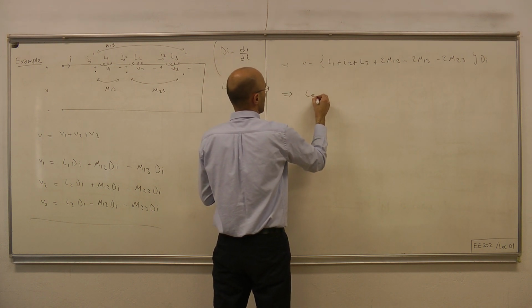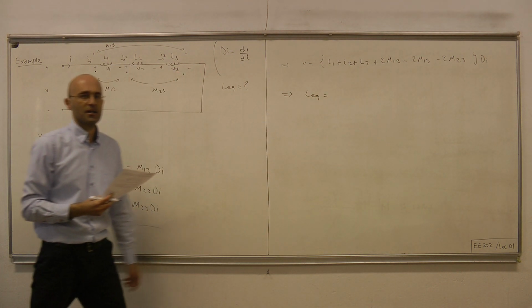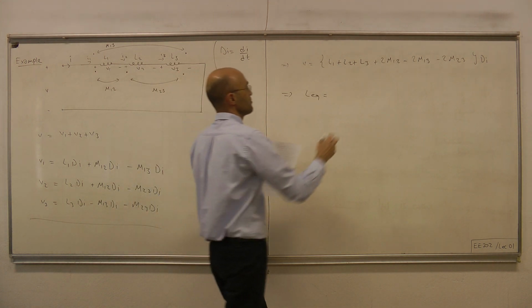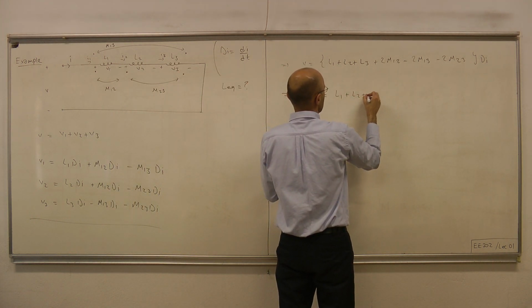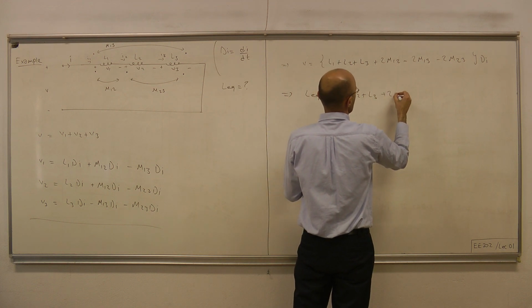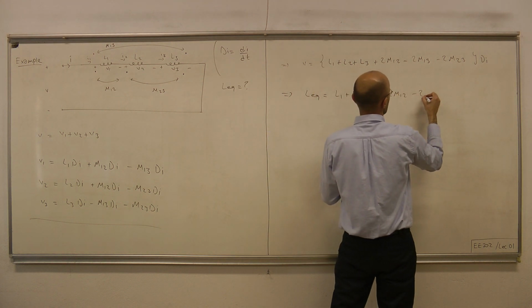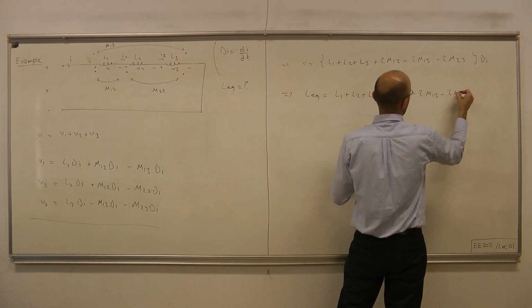Therefore, the effective inductance or the equivalent inductance must be this chunk here: L1 plus L2 plus L3 plus 2N12 minus 2N13 minus 2N23.